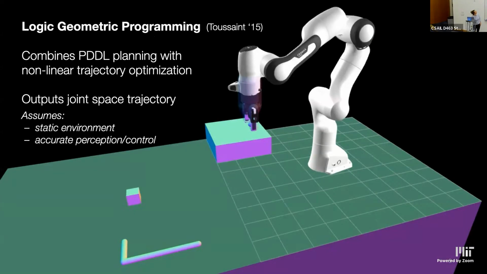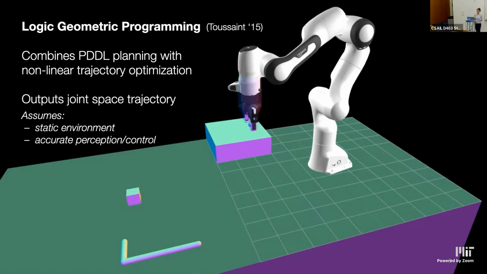I'm sorry. What happened? Okay, so we built on this framework that Marc Toussaint did while he was here at MIT, which also built on earlier work where he combined PDDL planning with nonlinear trajectory optimization. This work was really interesting, but it produces trajectories in joint space. And this is totally fine.